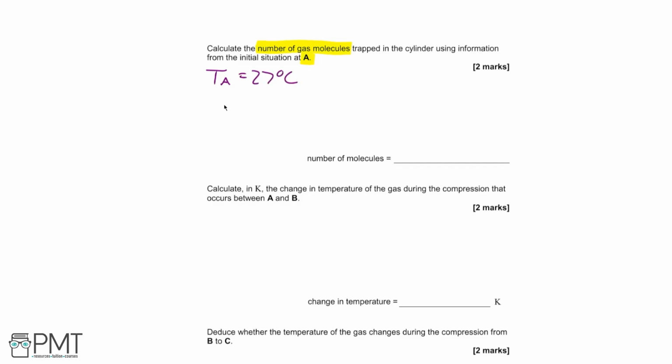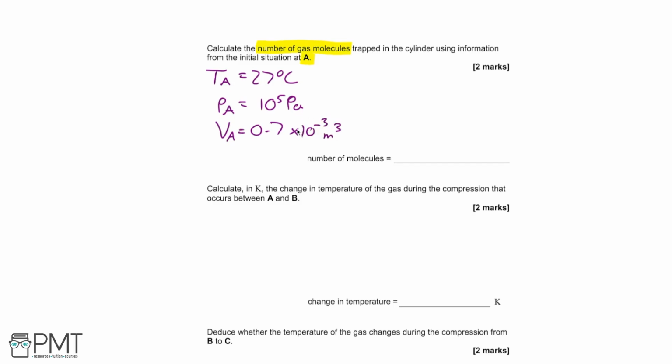We've also got the position of A on a pressure-volume diagram, so we also have the pressure and the volume, as PA is 10 to the 5 pascals, and the volume at A, VA, is given by 0.7 times 10 to the minus 3 meters cubed.